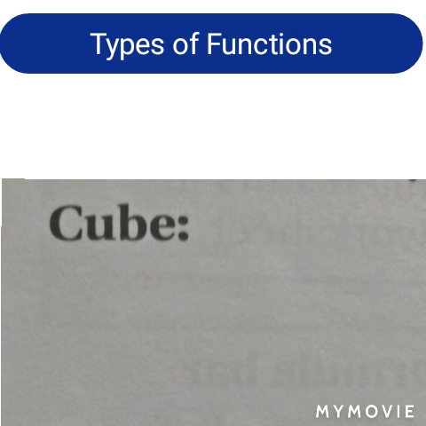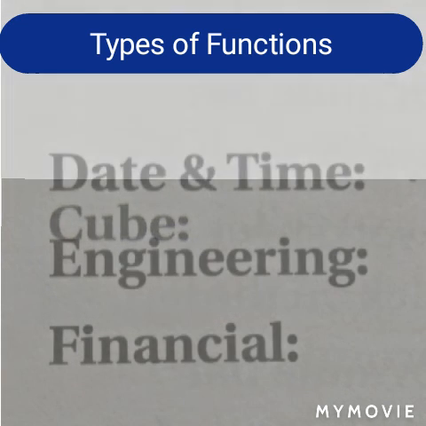The first one is the cube function. We can use the cube function to take OLAP, online analytical processing data, and display it in a cell. Then the date and time function, and the engineering function.